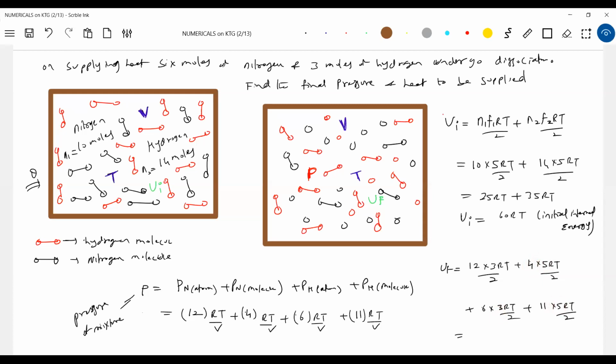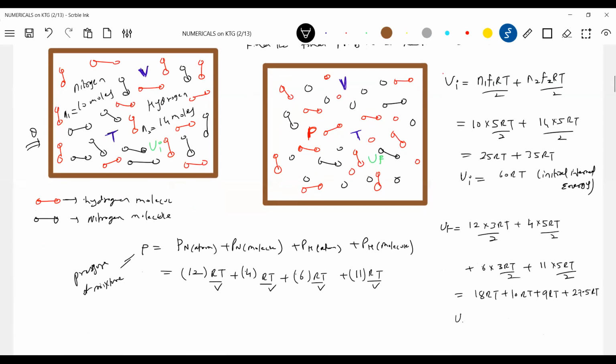Solving this, so this will be 18RT, then 10RT, 9RT, 55 by 2, that is 27.5RT. Look at the final energy.